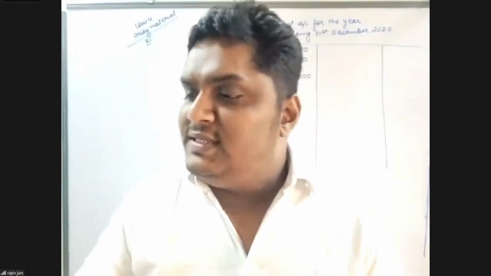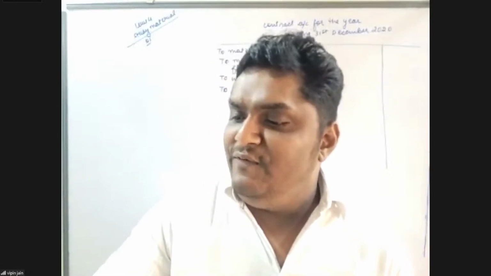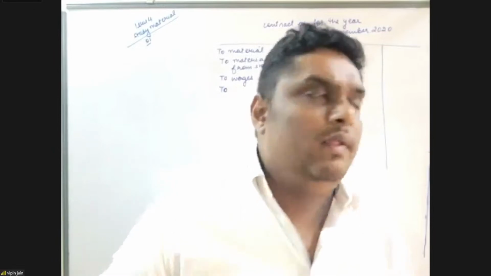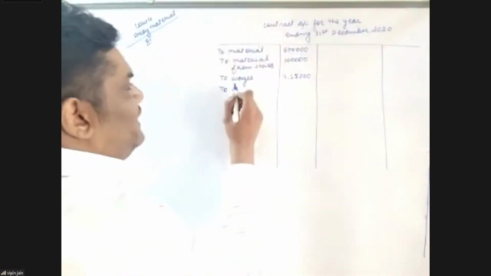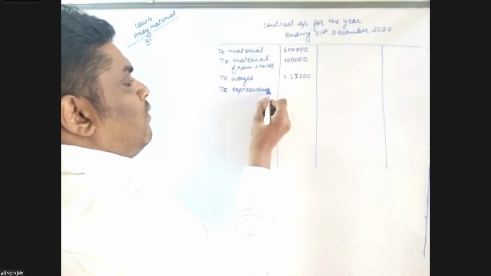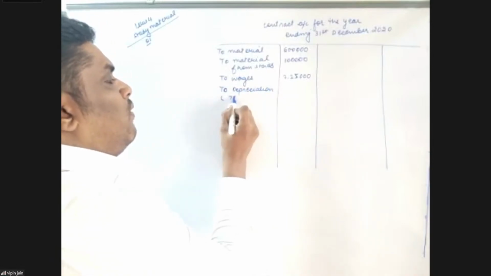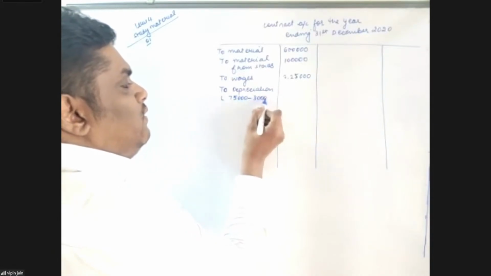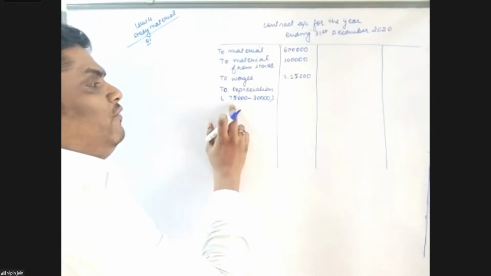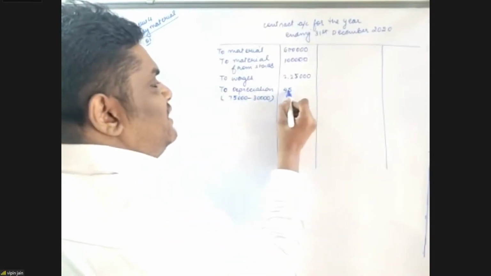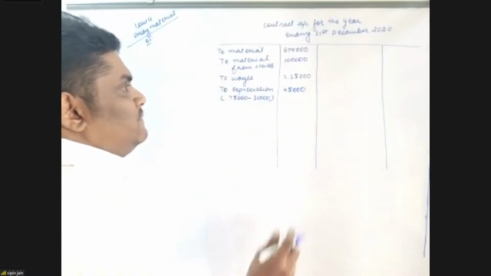Now we have two options, either to write to plant 75,000 and by plant 30,000, or better, I'll be writing directly to depreciation. 75,000 minus 30,000: this is the opening value of plant and this is the closing value of plant. So the net amount of depreciation is how much? 45,000.